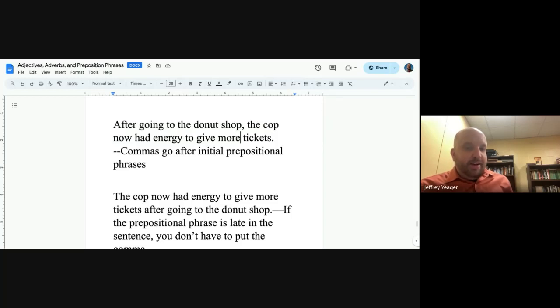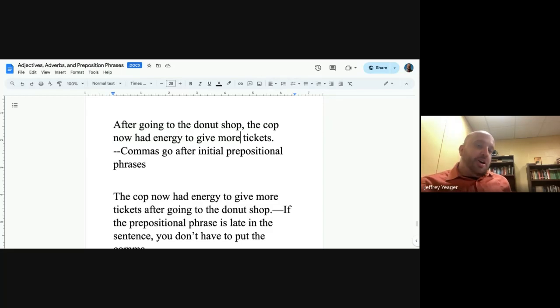The cop now had energy to give more tickets after going to the donut shop. Versus the first sentence, after going to the donut shop, the cop now had energy to give more tickets. So you can kind of hear that like one second pause in the first sentence compared to the second sentence, which I did not pause at all.